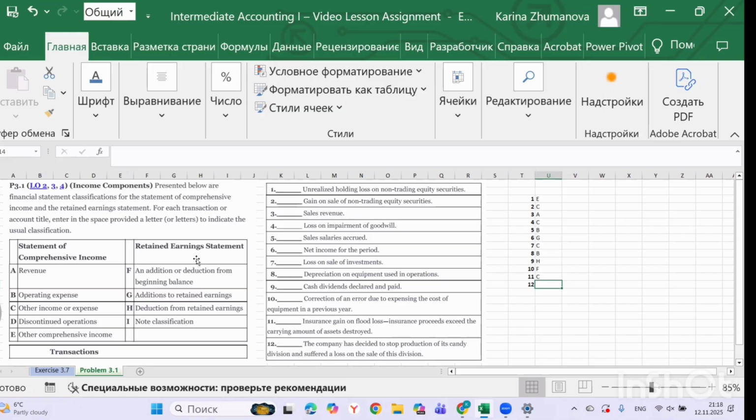So the answer is D, discontinued operation, because it's the result of a company division that has been closed. So it is the result of removing production of the candy, which shows investors that profit will look different in the future.